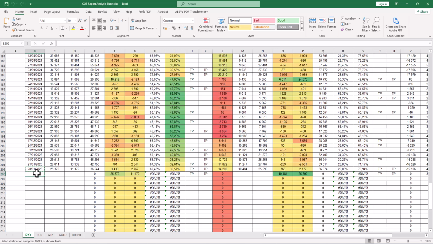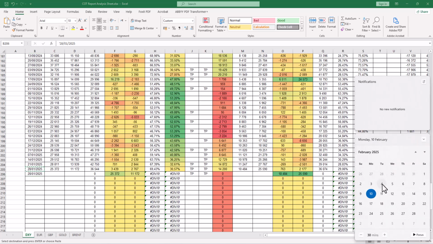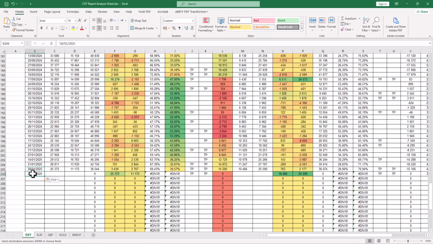So the report that I'm capturing right now is from the 4th, last week Tuesday, and it came out on Friday the 7th. For us it comes a bit delayed, but even if we got it on a Tuesday, we're not really going to react much to what the data would have told us.